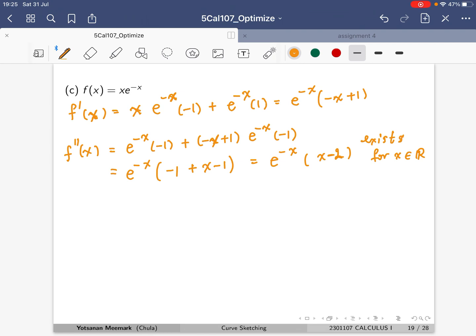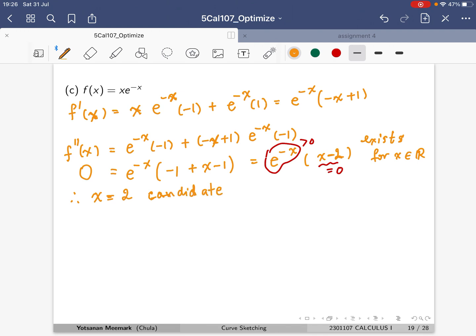So the candidate happens whenever your second derivative equals 0. However, this one is always positive, so it cannot be 0. The one that can be 0 is only x minus 2. So it means that the candidate is at x equals 2. Again, first of all, it must be a candidate first.